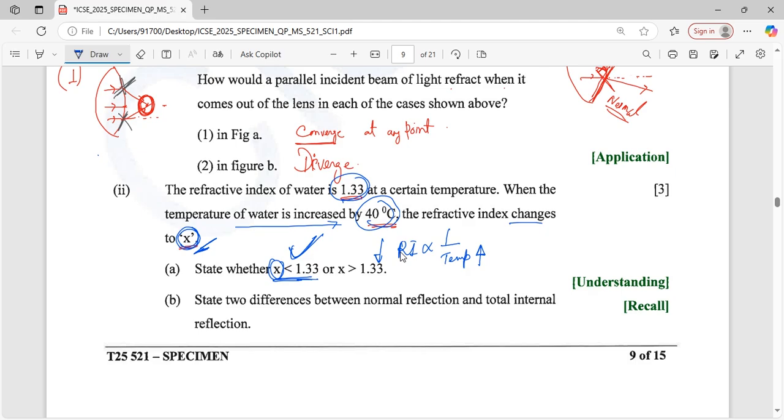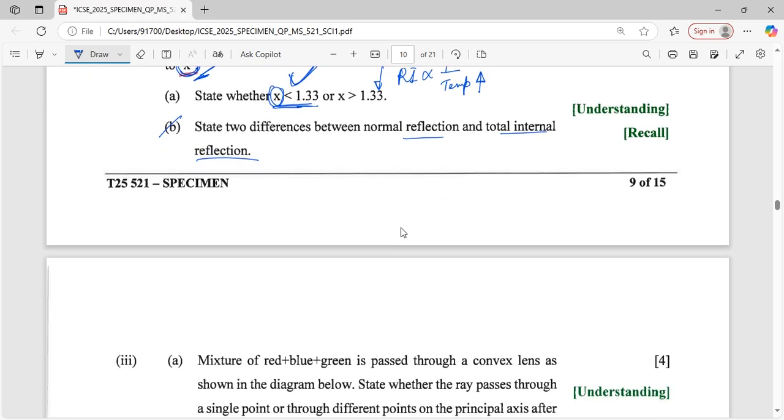Number B, state two differences between normal reflection and total internal reflection. That's a very easy question. In case of normal reflection, light goes from any medium to any medium, either rarer to denser or denser to rarer, it doesn't depend on the medium.